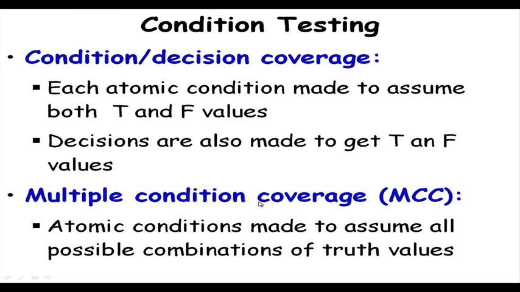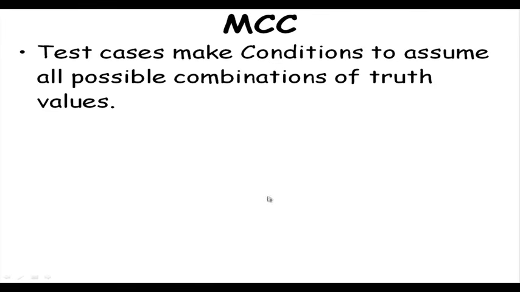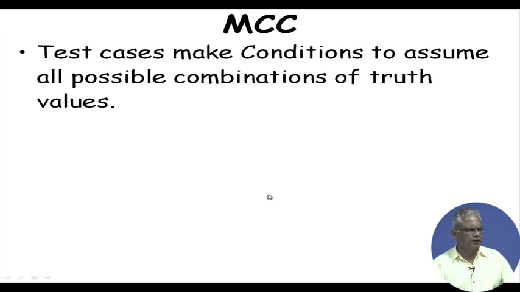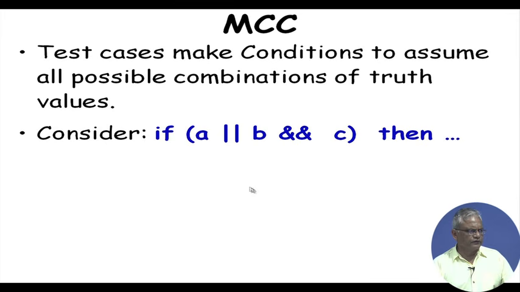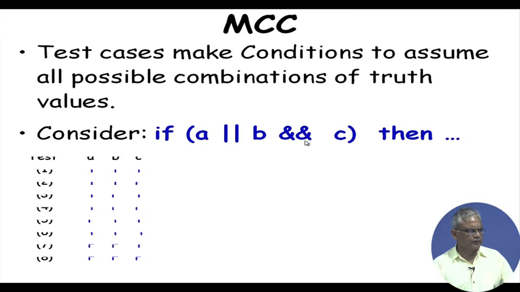And then we had also seen the multiple condition coverage, where the different atomic conditions should assume all possible combinations of truth values. Just to elaborate what we mean by multiple condition coverage, if we have an example such as A or B and C as the compound condition, then there are three atomic conditions here, A, B, C.